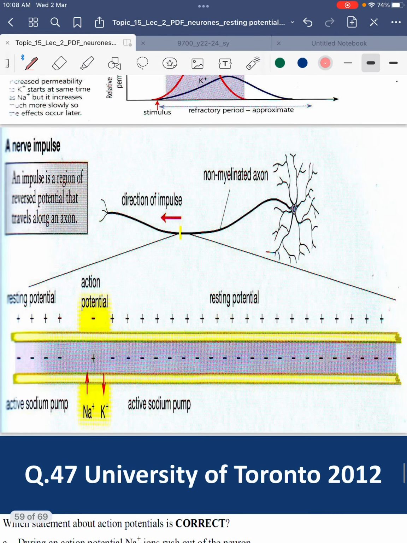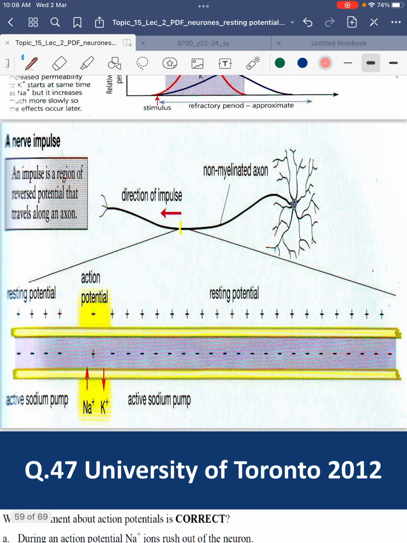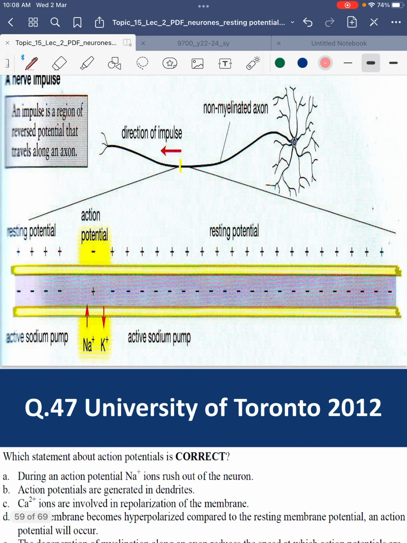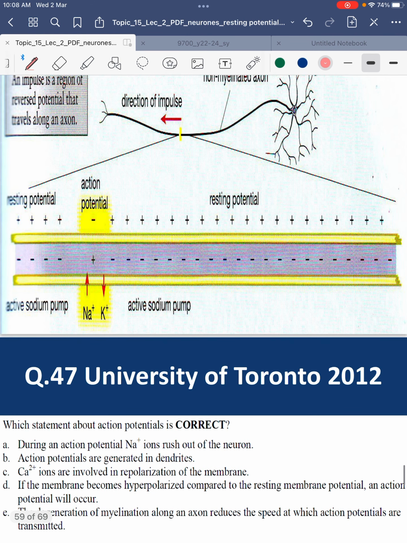Okay, so here we have a non-myelinated neuron. So as you can see here, just look at this area here, in order to make the inside positive, sodium has to enter and the potassium must close.